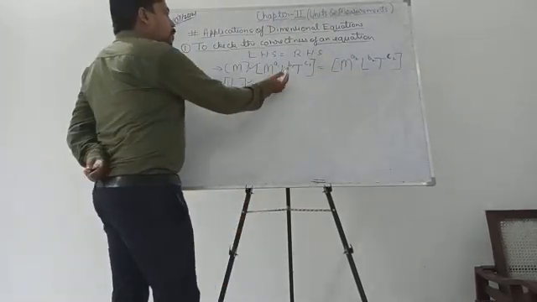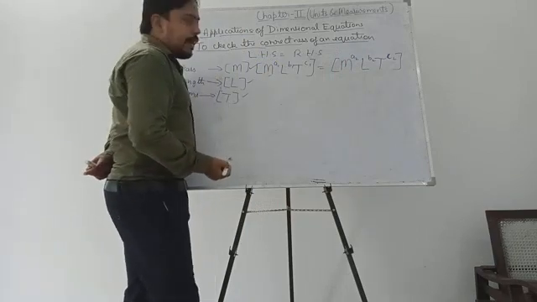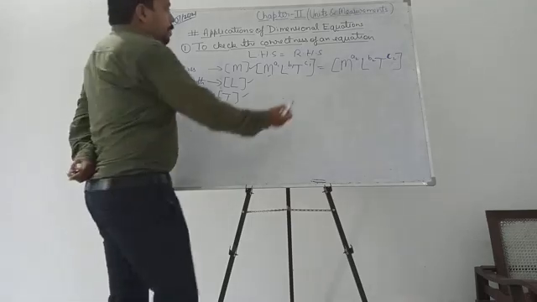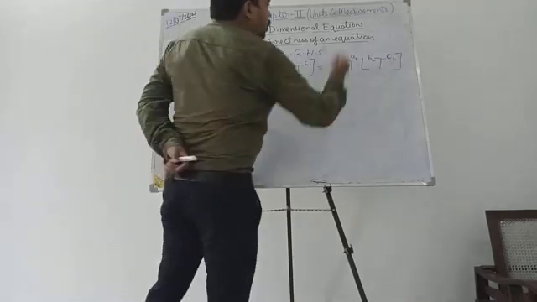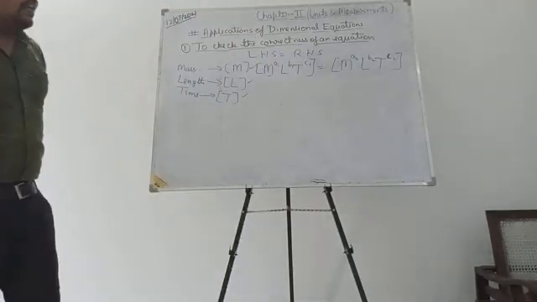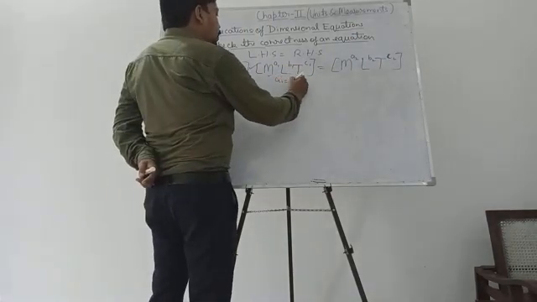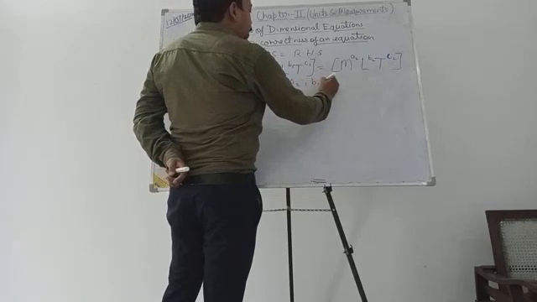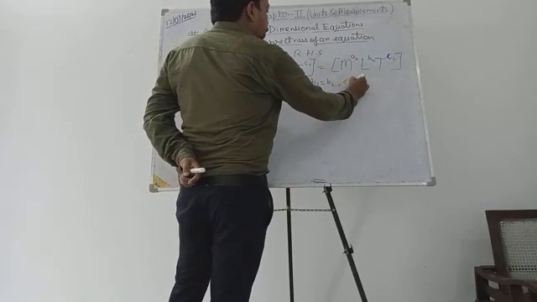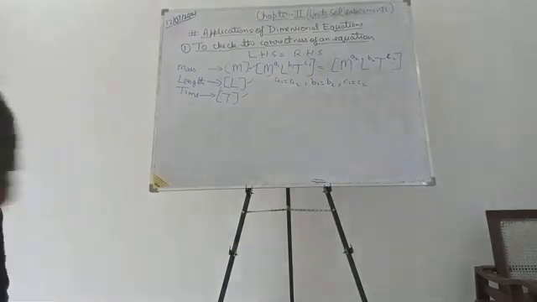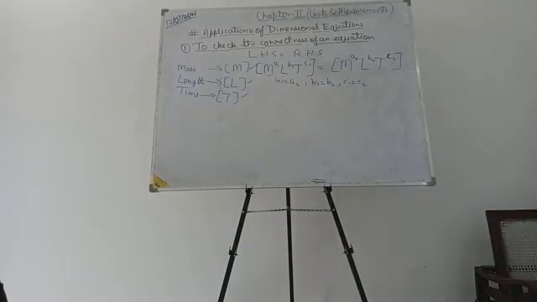In the same way, the power of L on the left should equal the power of L on the right, and the power of T on the left should equal the power of T on the right. So we can conclude that A1 should be equal to A2, B1 should be equal to B2, and C1 should be equal to C2. This is what the principle of homogeneity says. The theory can be given for the principle of homogeneity.